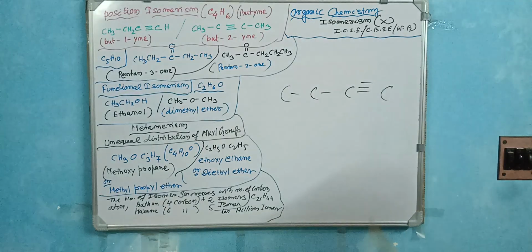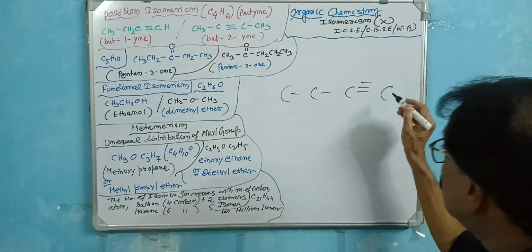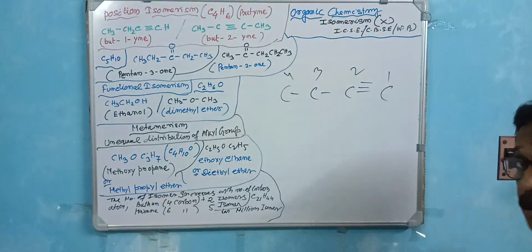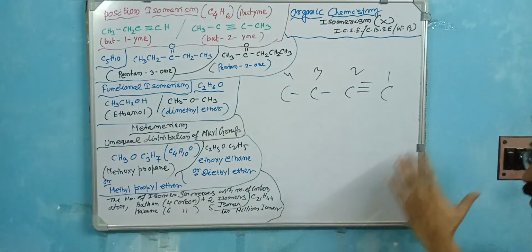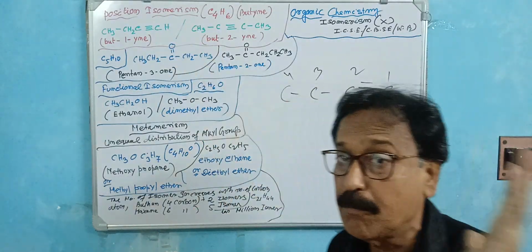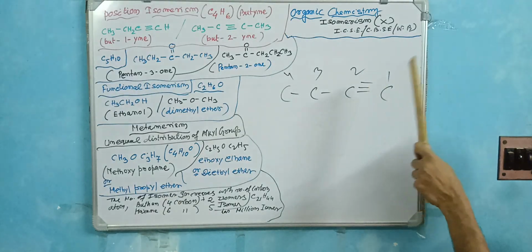This is the one position, this is the two position, this is the three position. You know we take the lower number. In case of the double bond or the triple bond, in IUPAC naming, we take the lower number.